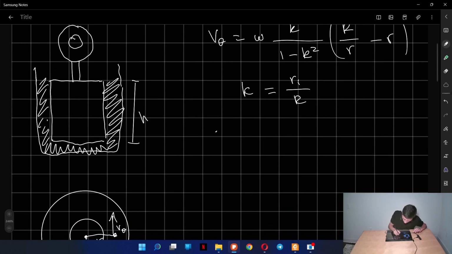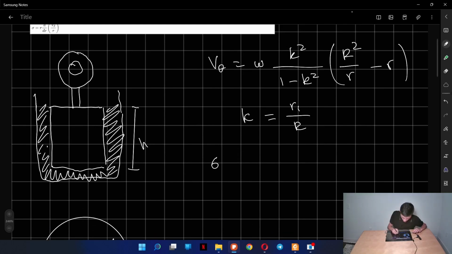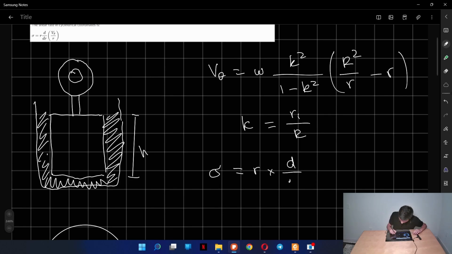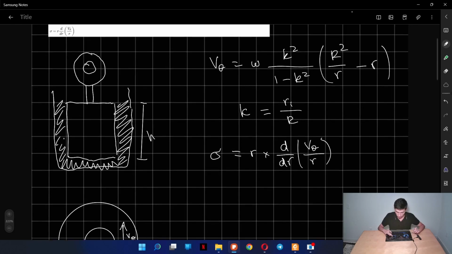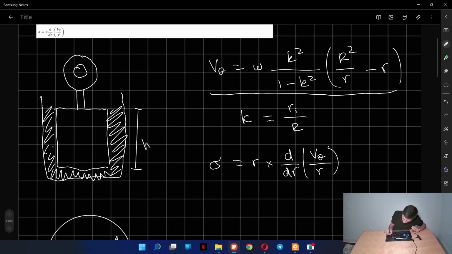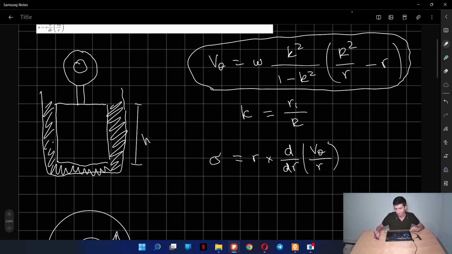Our shear rate is equal to the radius multiplied by the derivative of the velocity directed at the theta angle over radius, with respect to radius. So, to express it as a shear rate, we have to divide v theta by r, take a derivative with respect to r, and multiply by r.